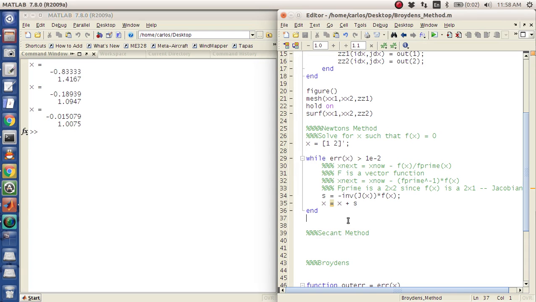So let's get rid of the semicolons, and let's make this while minus 10. Let's let it iterate a lot. And then let's do different initial conditions. And then let's say display solution equals display x, and then display error equals display error of x.